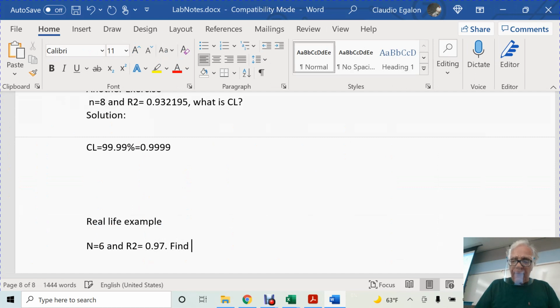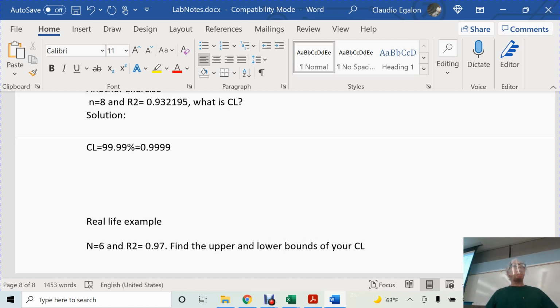Find the upper and lower bounds of your CL. What I call the minimum and maximum, or the maximum and minimum. Max and minimum.